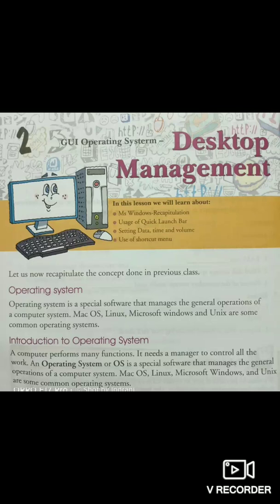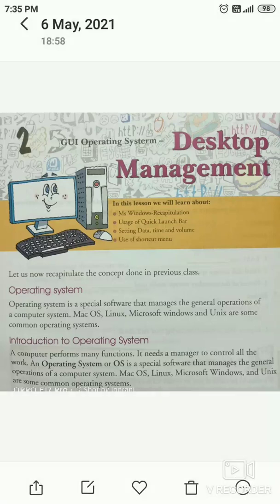For example, MS Windows, Linux, Unix, all are operating systems. And an operating system comes with one particular software, yes, you are right, that is GUI, Graphical User Interface.